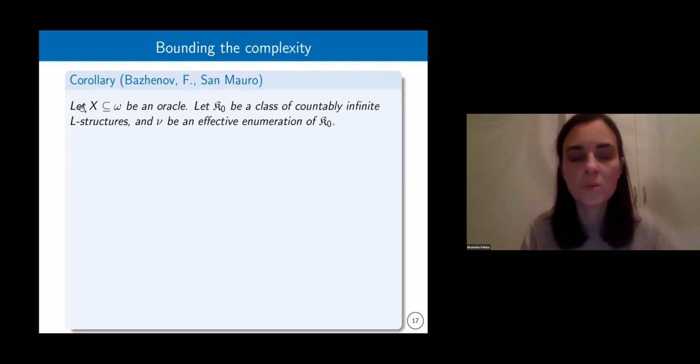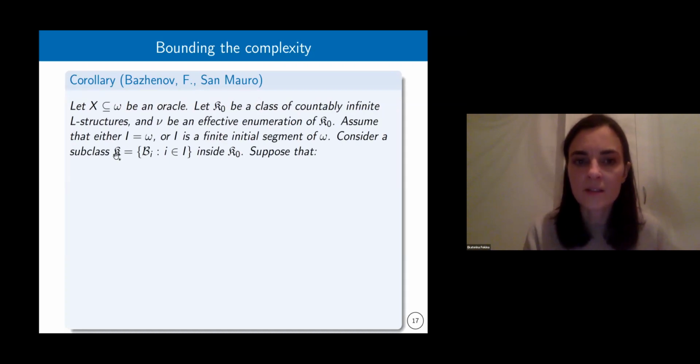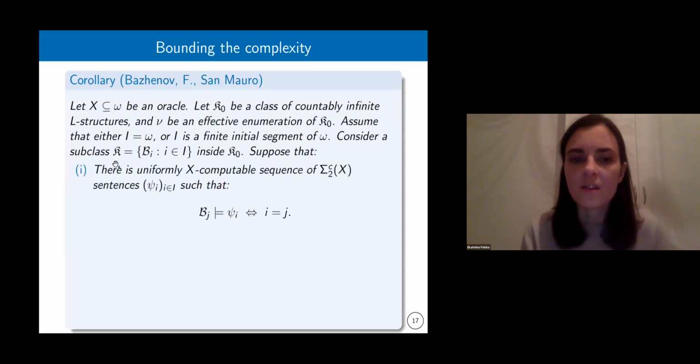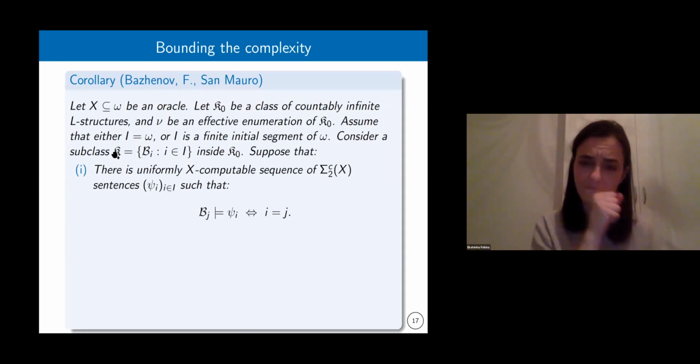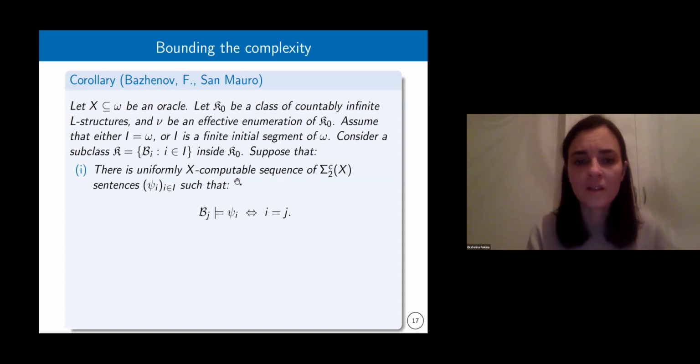Suppose we have an oracle X and a superclass with a nice effective enumeration. Then suppose we have a subclass K as before inside the superclass K0. And suppose that this subclass K is uniformly described. So structures inside of this class are described by X-computable Σ2 sentences.